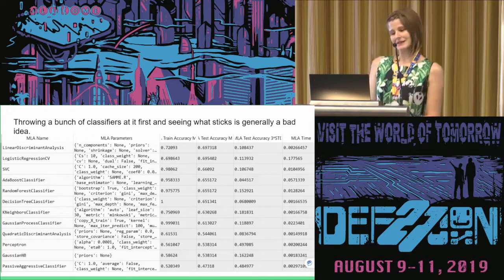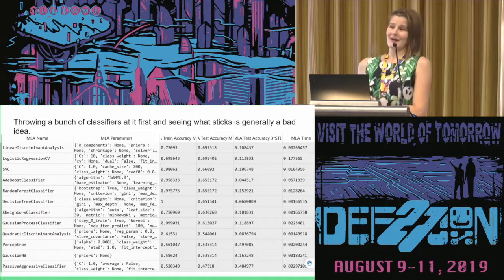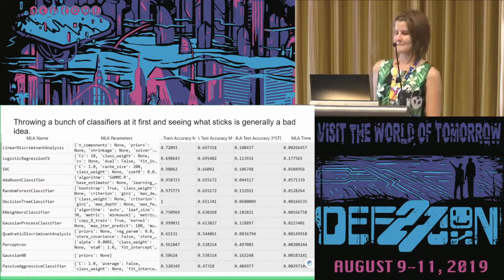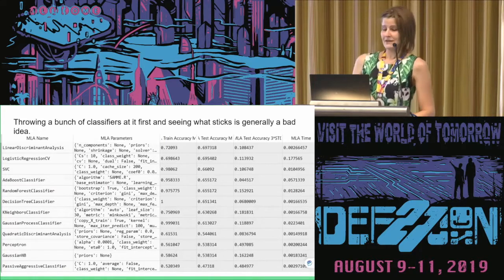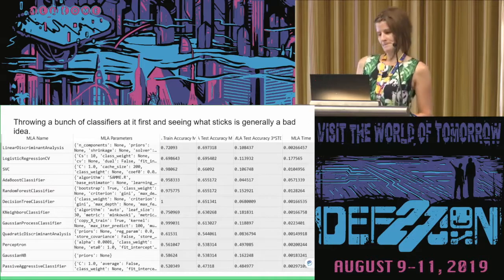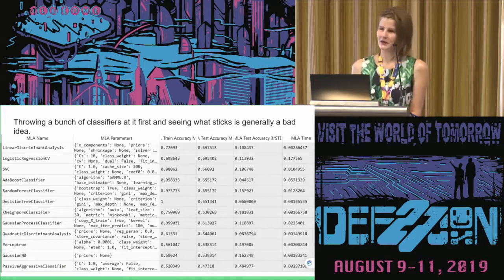I'm not saying that it's a bad idea to try a bunch of different classifiers, but at least look at your data first so you don't end up in the same situation that I was in. And in this case, there were a bunch of ones that were overfitting. I should have also used more data, but it was a learning experience.